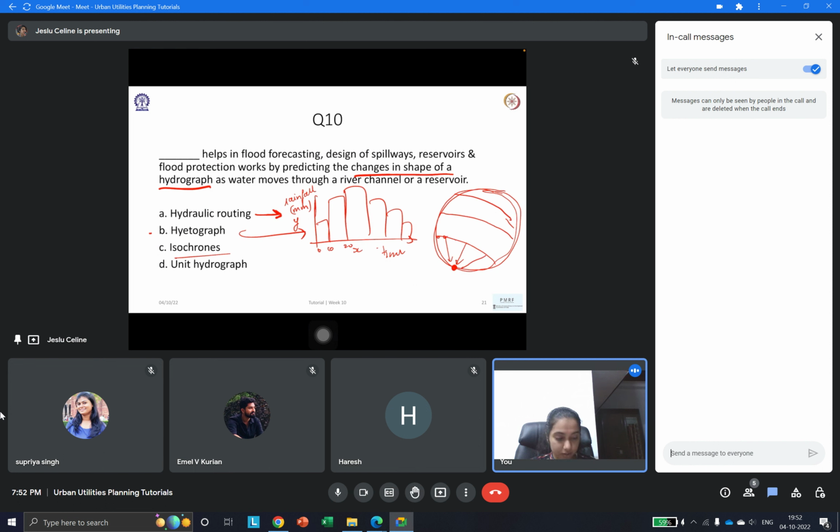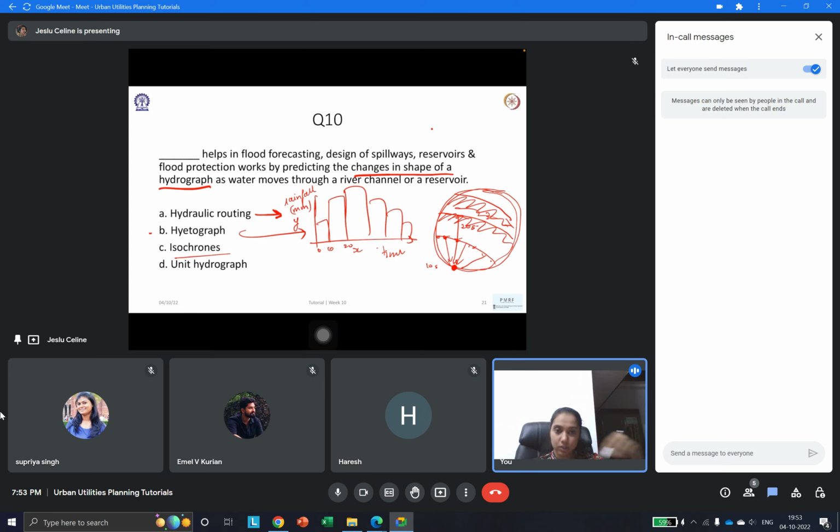Water from the same isochronic locations will reach this outlet in the same time. From this region, it will take probably 10 seconds for water to reach. From this region, it will take 20 seconds, so this belongs to a different isochrone. From this region, water takes about 30 seconds to reach, so this belongs to a different isochrone. So it's like contour mapping. In contours, we have regions with the same elevation points, right?